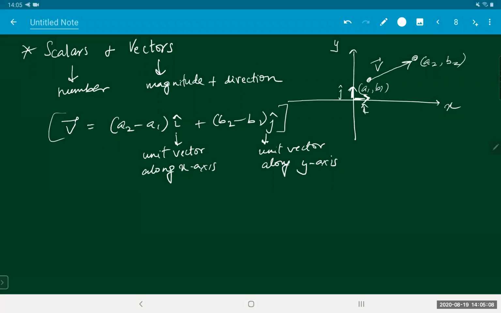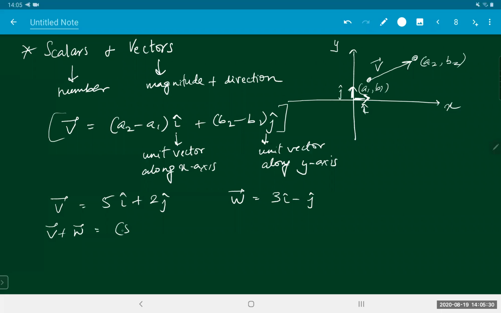Once again, this is actually very similar to what we did for complex numbers. So you can again add and subtract vectors. If I have one vector which is 5i plus 2j, and some other vector which is 3i minus j, then you can always add them component-wise.